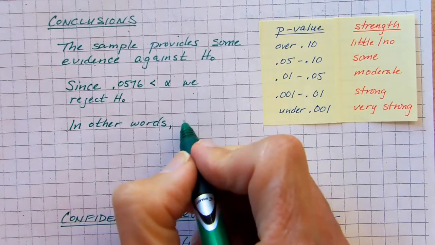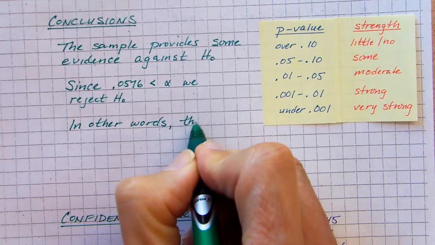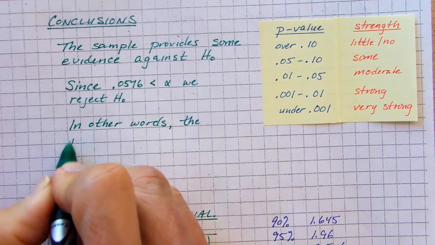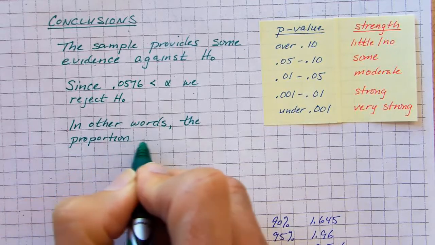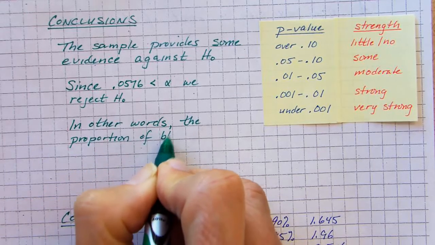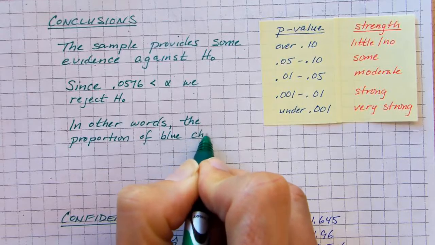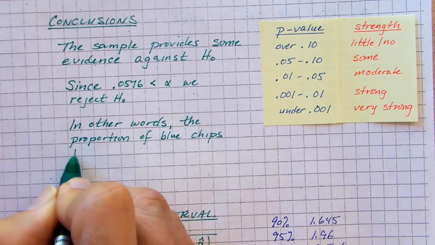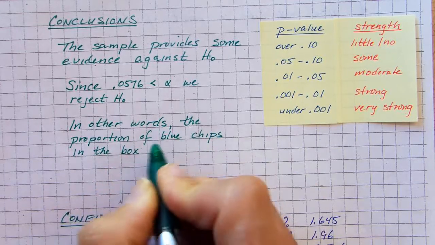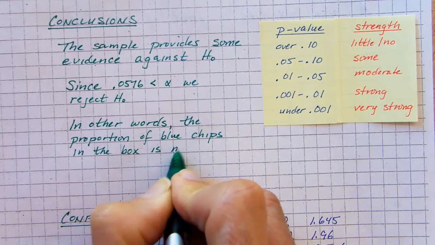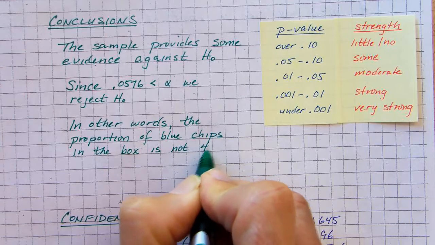In other words, the proportion or percentage of blue chips in the box is not 45%.